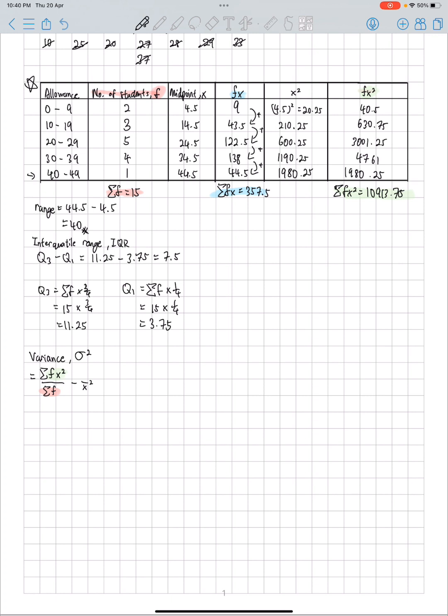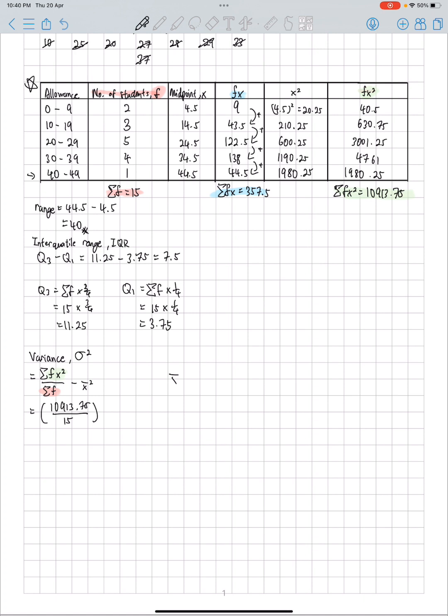So the total number of fx square is, bracket first, 10,913.75 divided by 15.